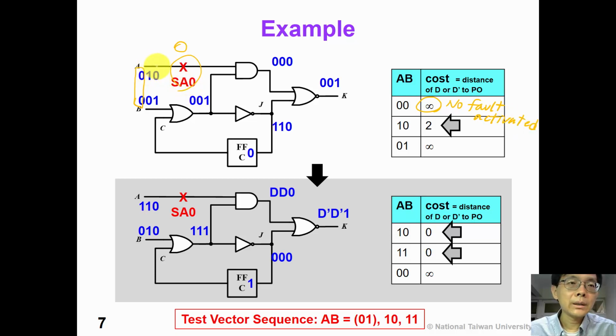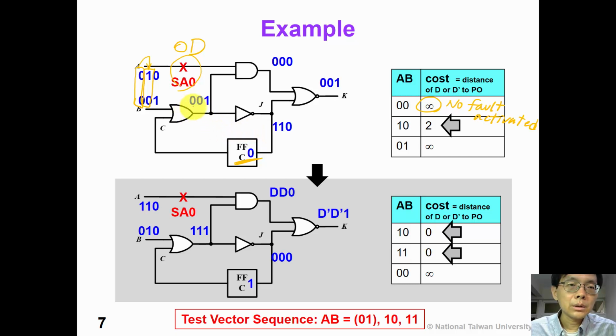Now let's try the second test vector 1 0, which is only 1 bit different from the first test vector. By applying 1 0, we can now activate the fault. So we have a D here. Suppose that the flip-flop is in state 0. This is a continuation from the previous slide.